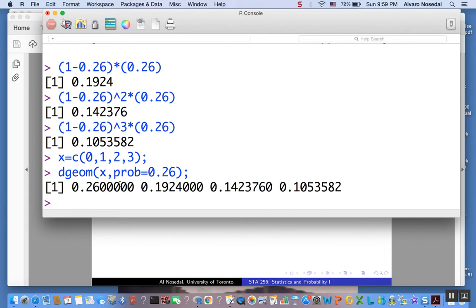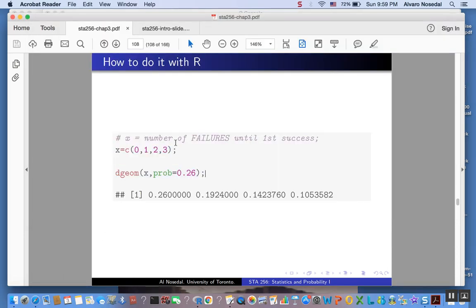If you're going to be doing calculations using R, just keep in mind that in the case of R, the random variable is the number of failures until the first success. In our textbook, the random variable is the number of trials until your first success.